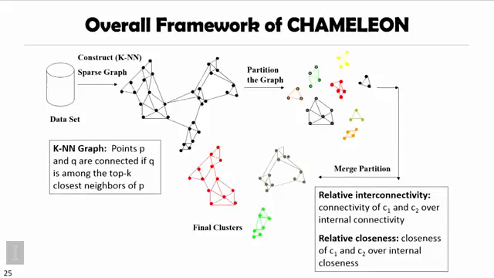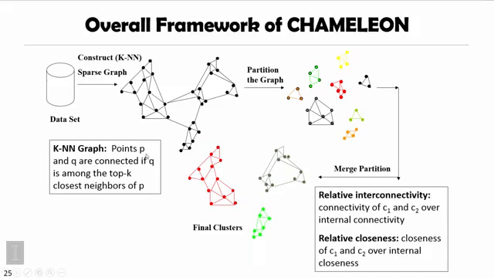Let's look at the overall framework of CHAMELEON. Suppose we have a large data set. Then we can use a KNN graph to convert it into a sparse graph like this. What is a KNN graph?